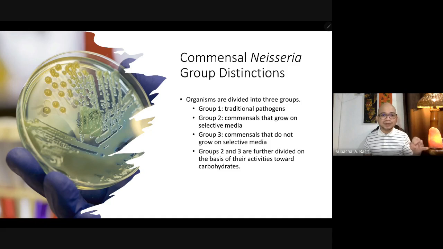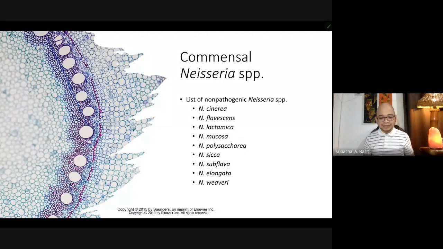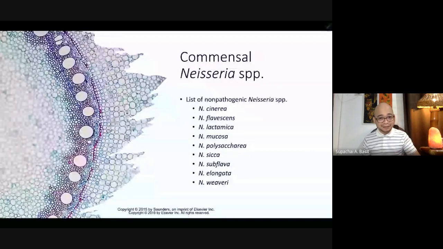And then group 2, commensals that grow on selective media. And then group 3, commensals that do not grow on selective media. So group 2 and 3 are further divided on the basis of their carbohydrate fermentation test. So these are the list of non-pathogenic species, but we will just be discussing some of them.